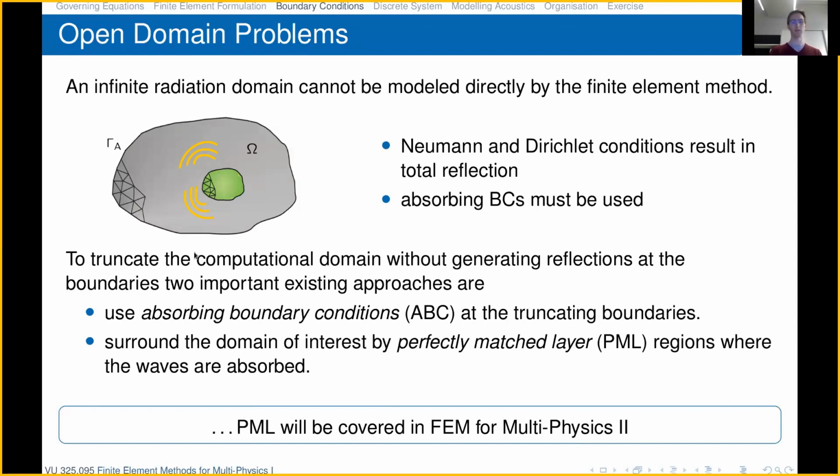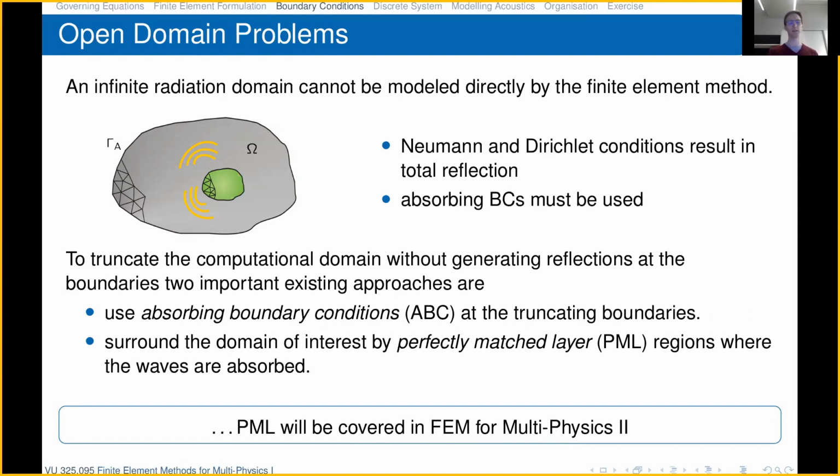So to truncate the computational domain without generating reflections at the boundaries, we can distinguish two important approaches. The first is the so-called absorbing boundary condition, which I will introduce in the following.